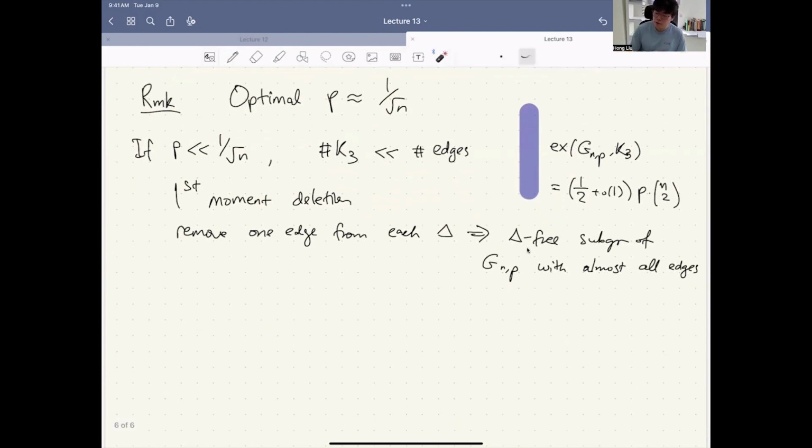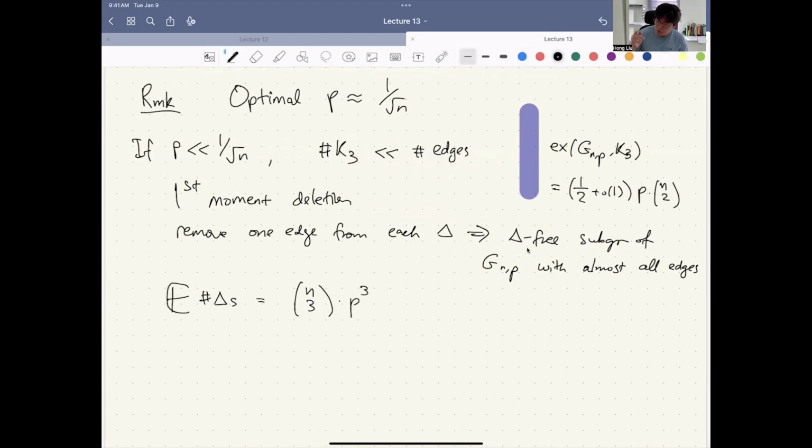So let's do this calculation. What's the expected number of triangles? Well, you have n choose 3 triples that could be a triangle. For each such triple, by linearity of expectation, you form a triangle with probability p cubed.